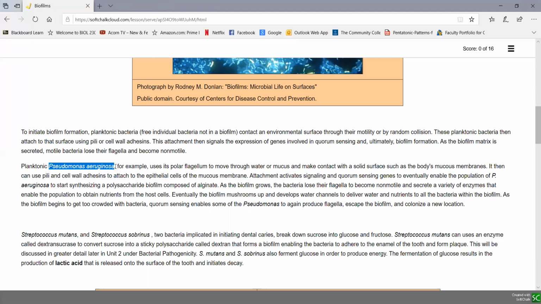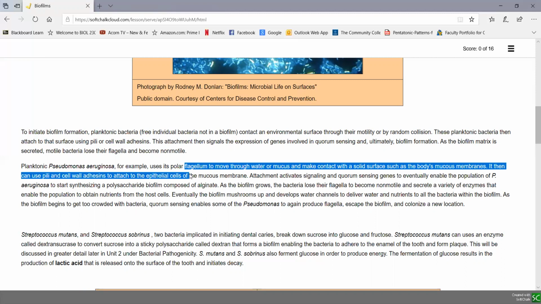But what happens here is that initially it functions as individual bacteria where it uses flagella to move through the water or mucus to make contact with cells. It can use pili and cell wall adhesins to adhere, and then that allows them to gain a foothold. And as they begin to replicate, eventually there's enough bacteria where they start developing biofilm formation.